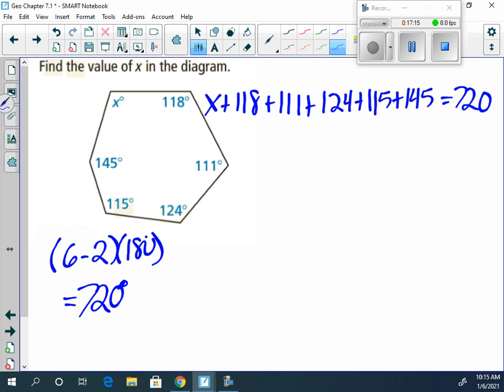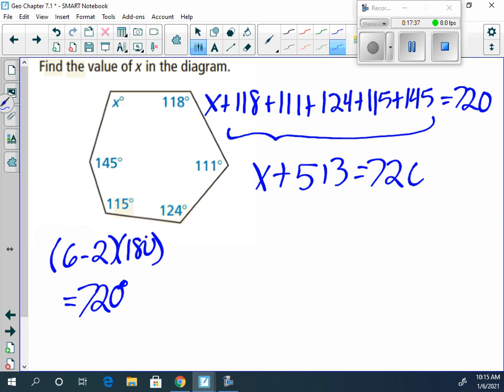Now at this part, if you don't like adding more than like 2 numbers together, especially these kind of numbers, you can just plug this into a calculator. We can add 118, 111, 124, 115, and 145 together in a calculator. And the calculator will just tell you it's 513 degrees. Questions on this here?